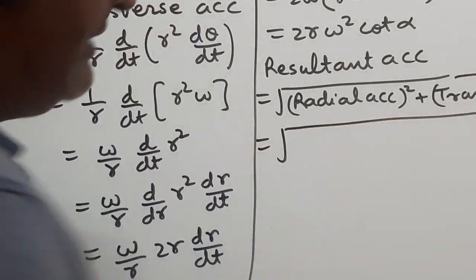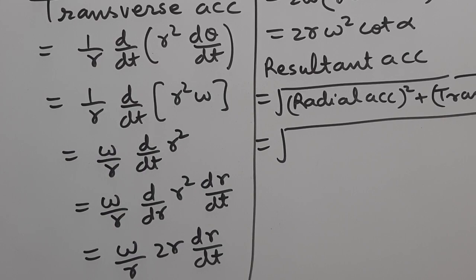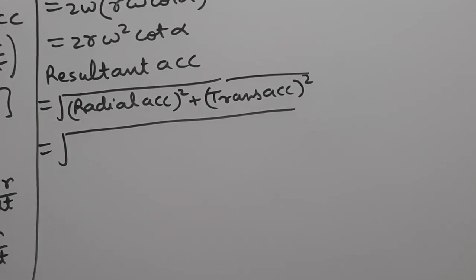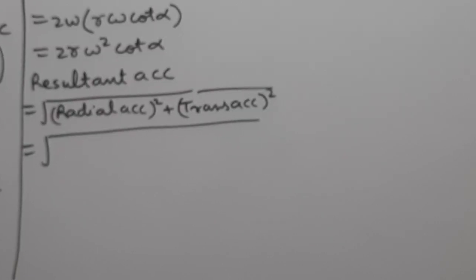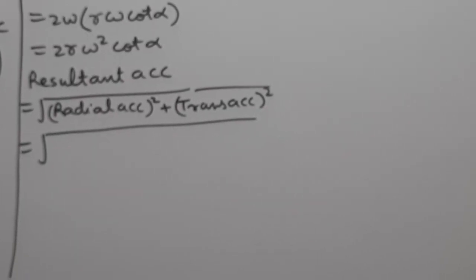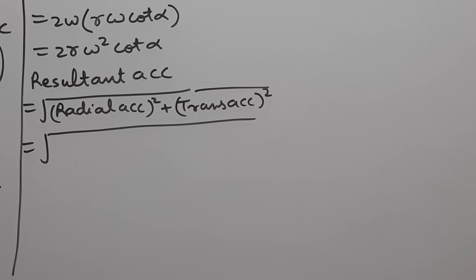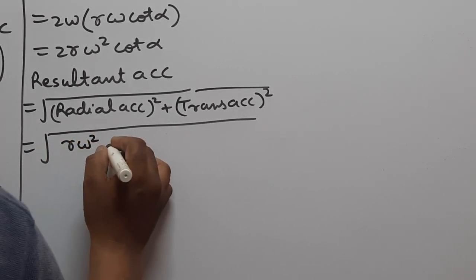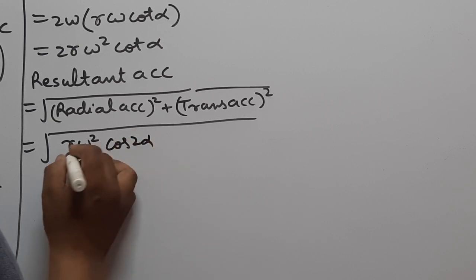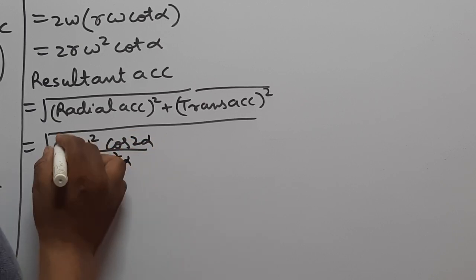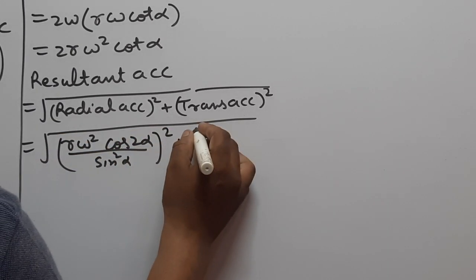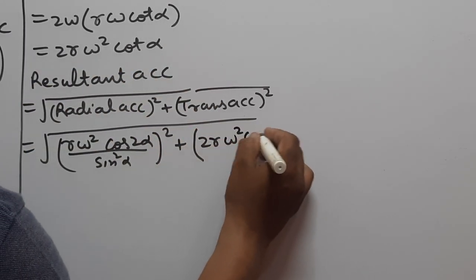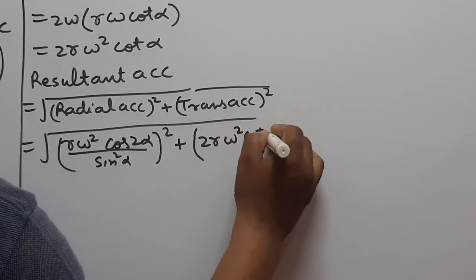Now the radial acceleration is r omega square cos 2 alpha upon sin square alpha whole square, and transverse acceleration is 2r omega square cot alpha whole square.